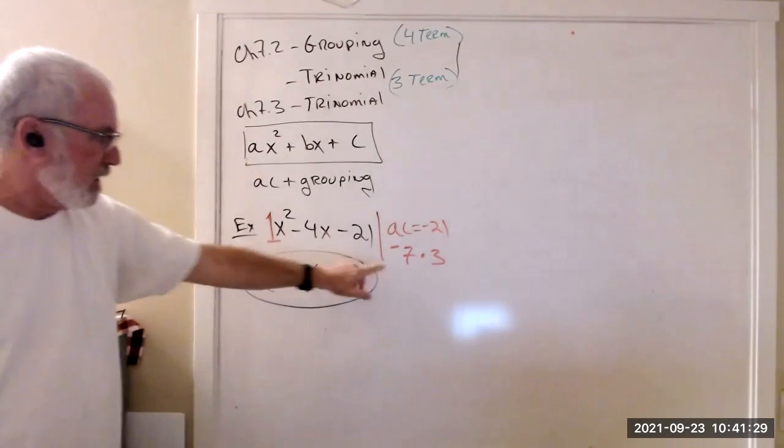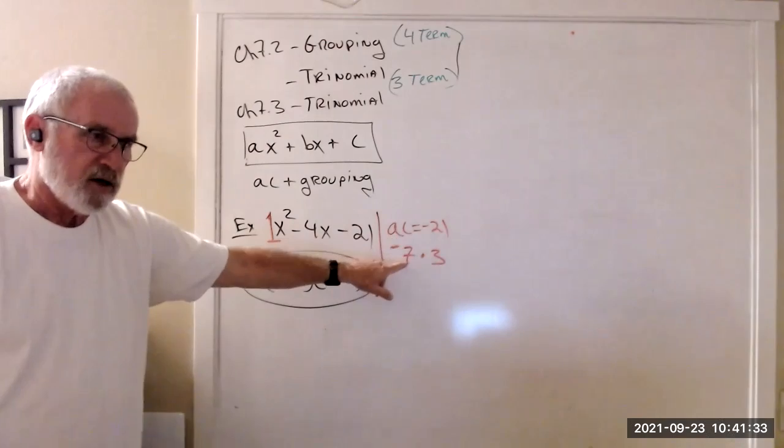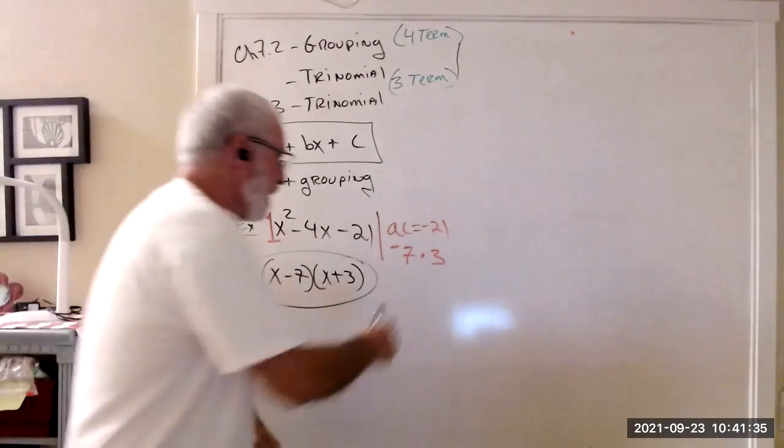Do you guys see what I did here? See how quickly it was? We still do the AC here. We still have to get 7 and 3, negative 7 and 3.